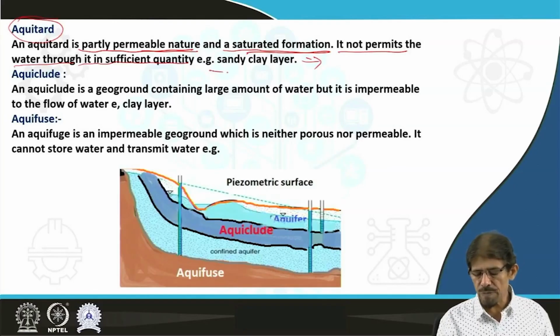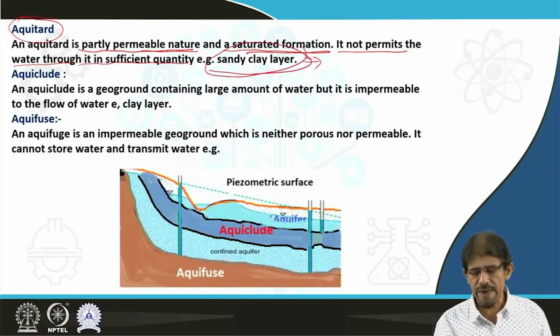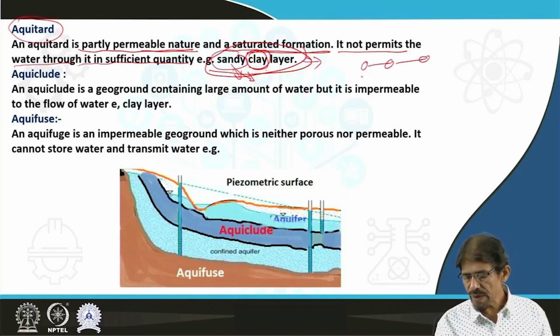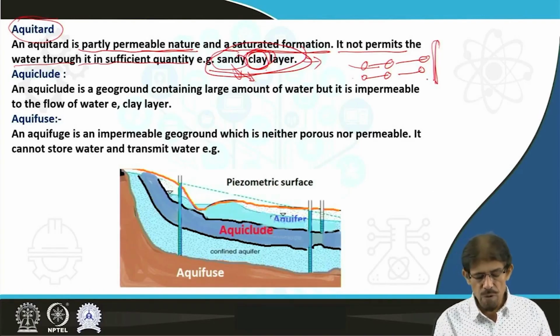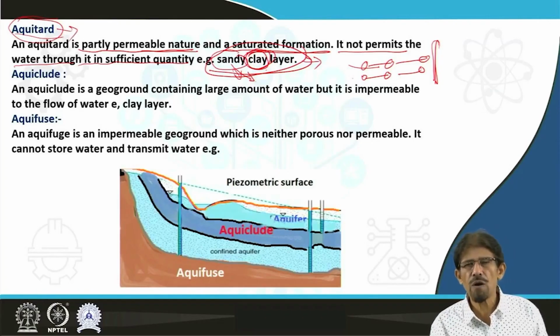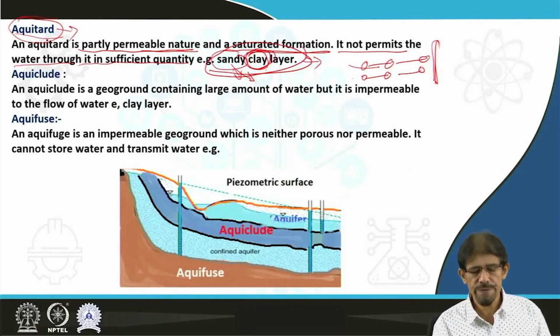A good example: if the ground is made up of sandy clay layers, the clay shows pores and the sandy part also shows pores. The pores present in sands are interconnected and able to permit the flow of water. However, the presence of clay is going to retard the flow. Therefore, the aquitard is insufficient from the point of view of availability of groundwater.